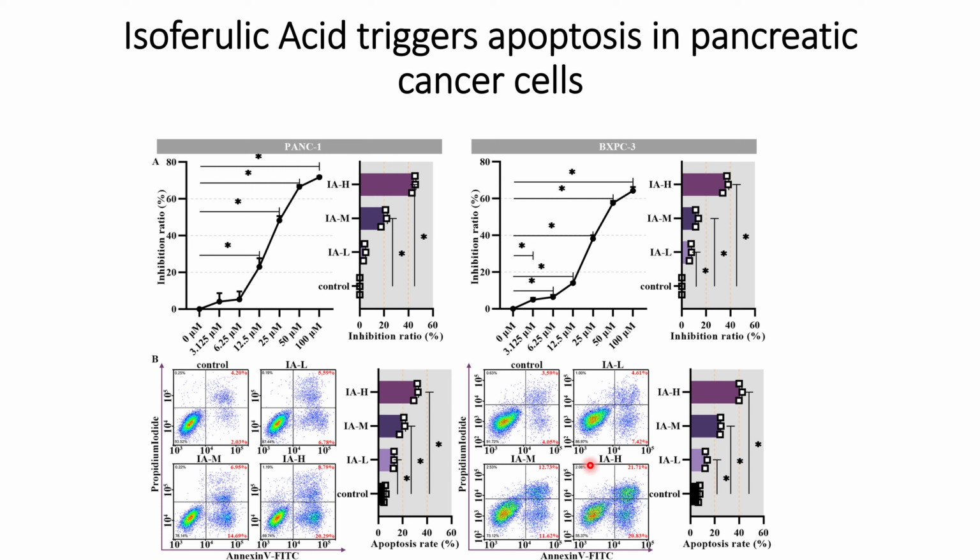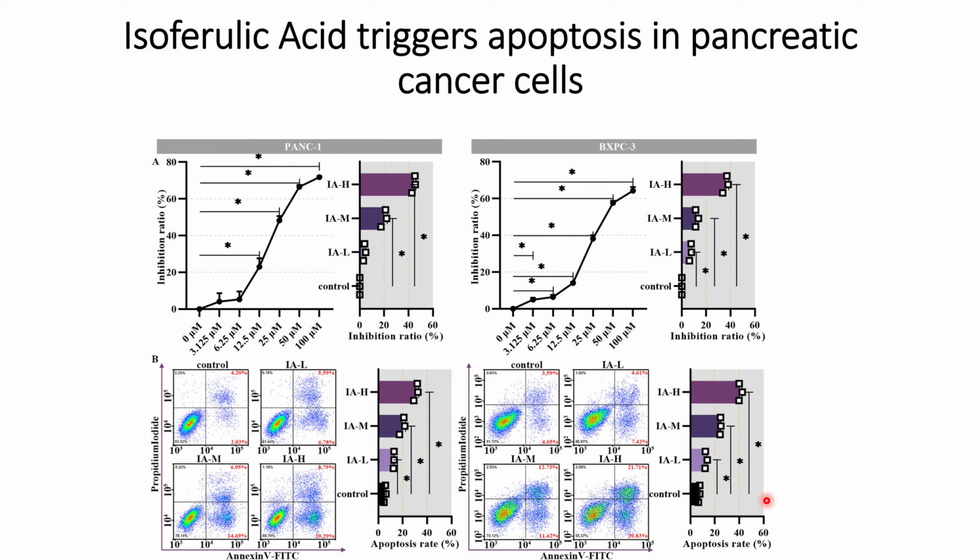But when they use the high dose of isoferulic acid, the increase is significantly higher, from 11.62 to 20.83, almost double. So here also we have seen similar results to those observed in the PANC1 cells, and the quantifications are on the right hand side, where we can see that with increase in the dose of isoferulic acid, the apoptosis rate increases.